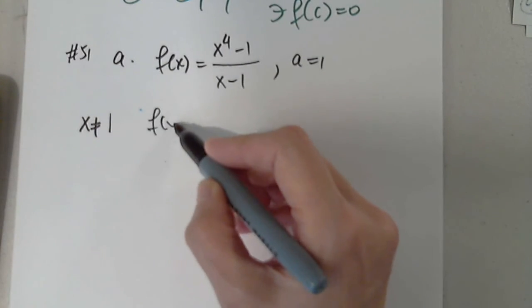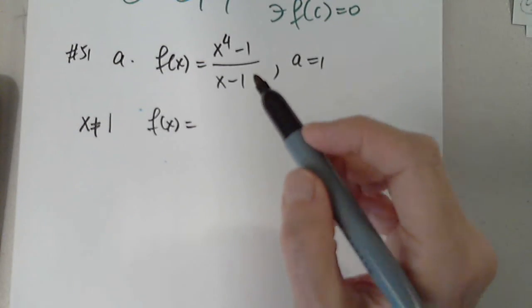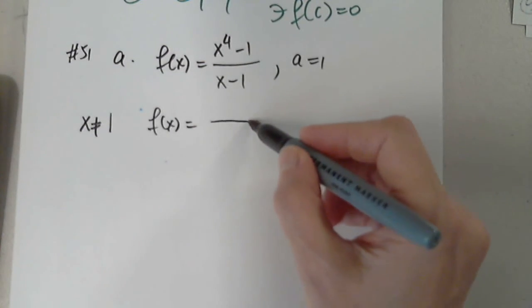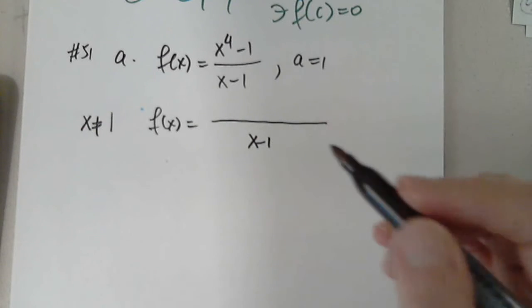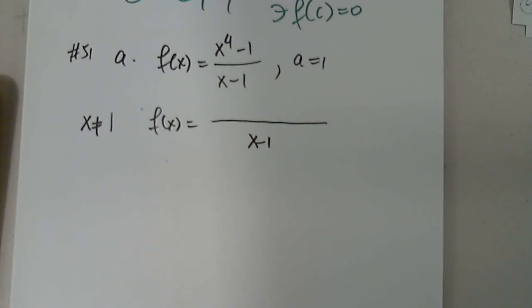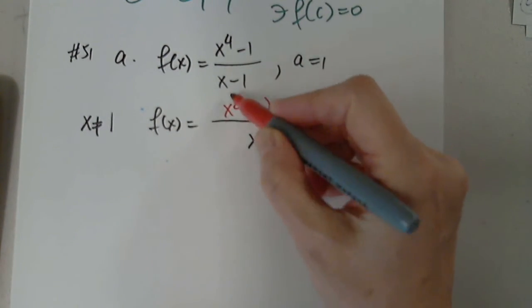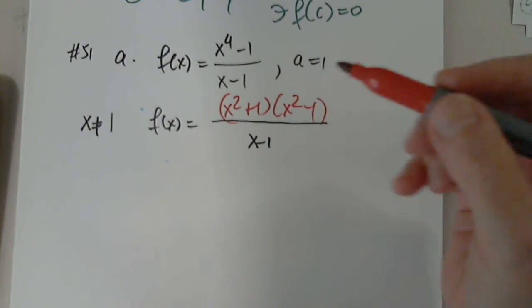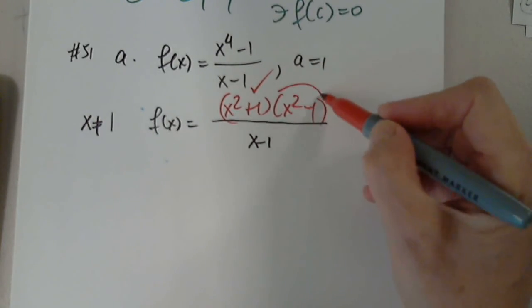So I'm going to try to simplify the function now. And I know that x to the fourth minus 1 factors how? X squared equals... Very good. You're on the right track. X squared plus 1 times x squared minus 1. Excellent. This is not factorable, but this one is.